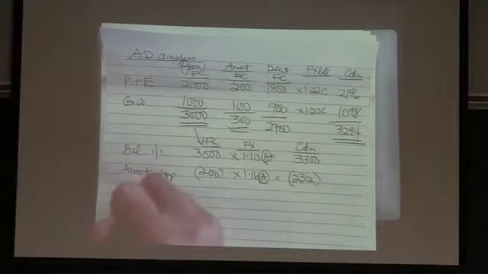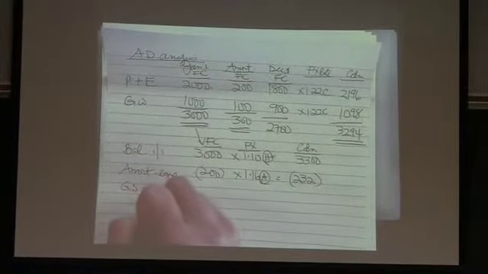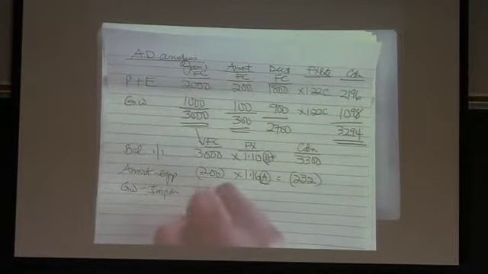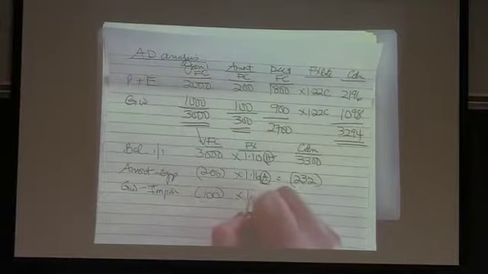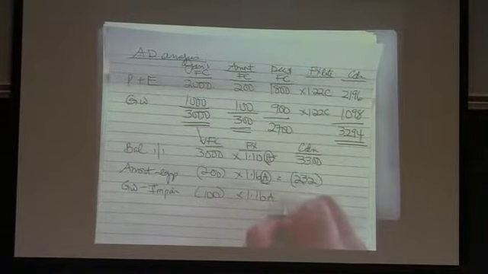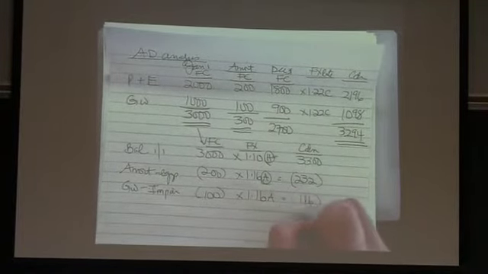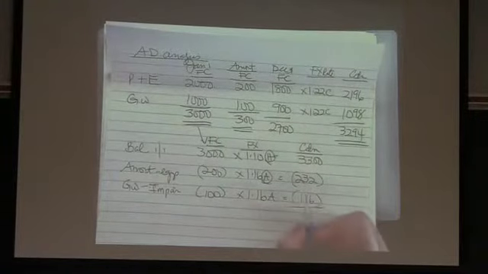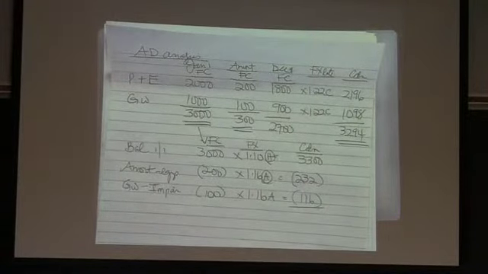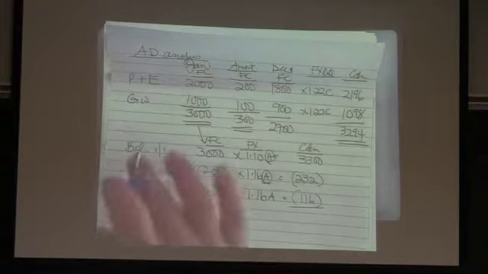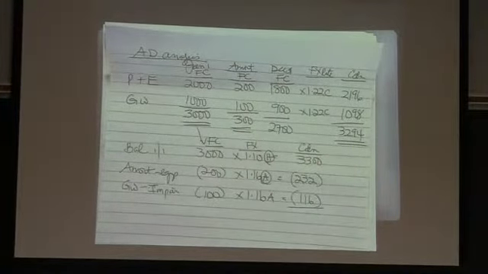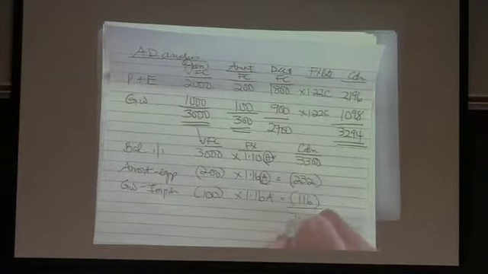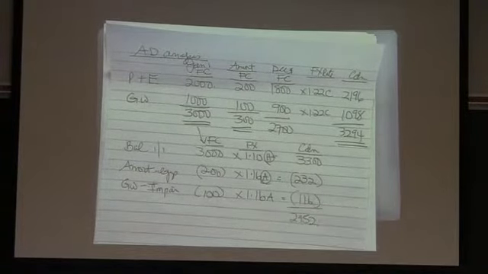And the goodwill impairment was 100 times 1.16 again. The average is 116. So altogether, the ending balance of our acquisition differential should be 2,952.